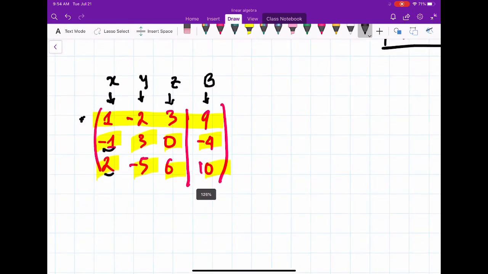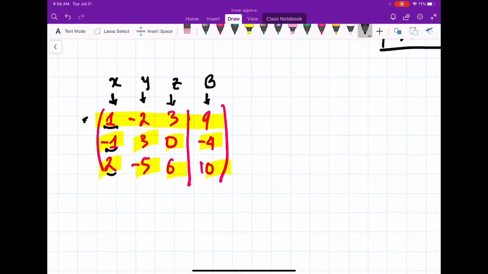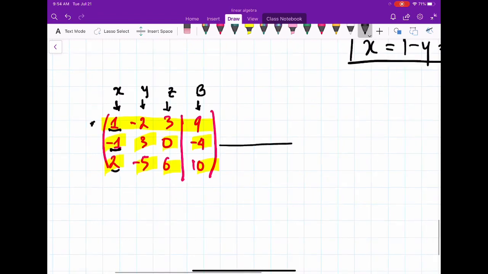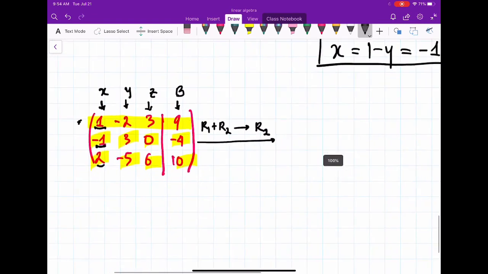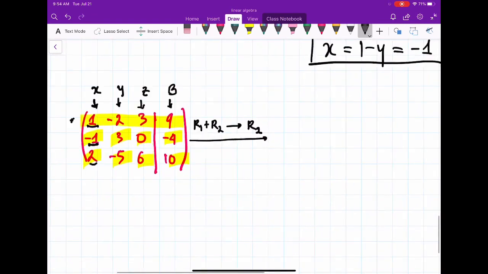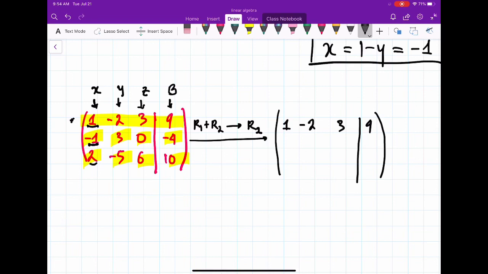let's do this. Now we have 1 right here, we have -1, so I just add them, right? I'll write in here R1 plus R2. We do that in R2, means row 1 plus row 2, and we do that in row 2. Okay, so I'll have 1, -2, 3, and 9 here, and here I have 0.